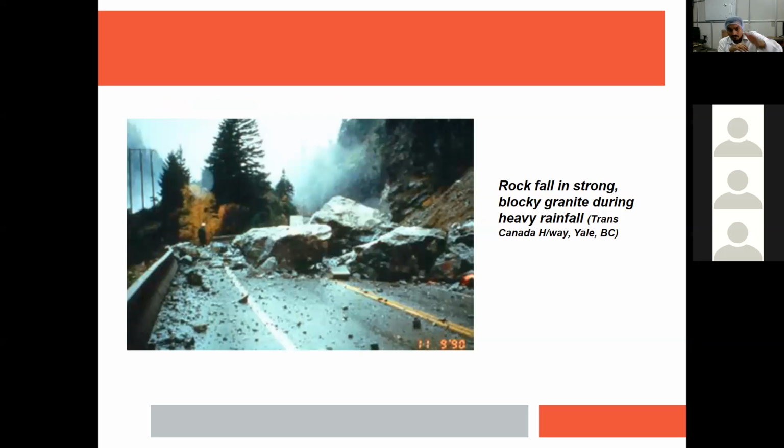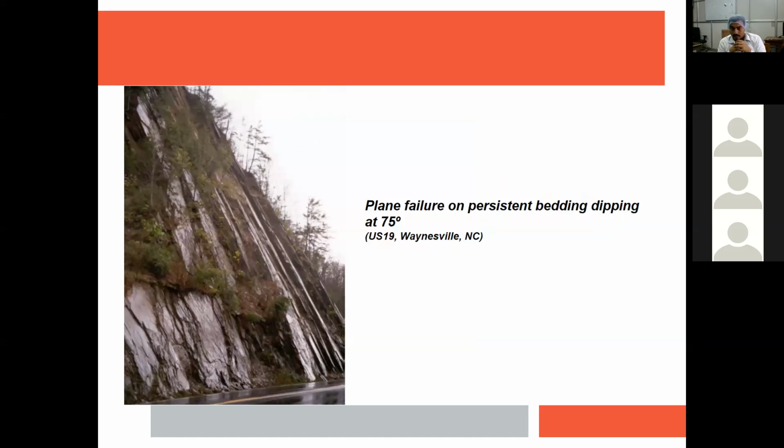This is a failure that occurred in a slope on a highway terrain in British Columbia, Canada. Though the rock is blocky and very strong, due to the heavy rainfall there was a sudden failure. In this particular slope, if you observe, the bedding is oriented parallel to the slope face.